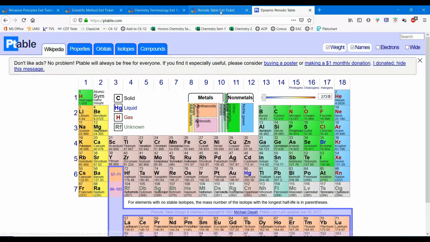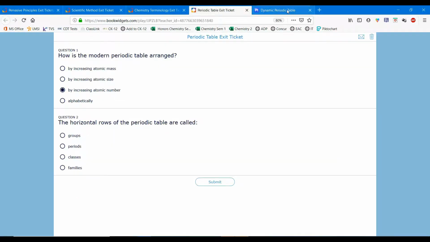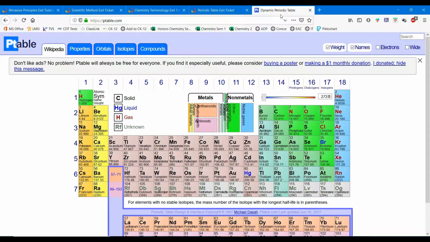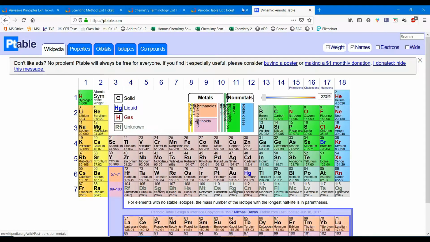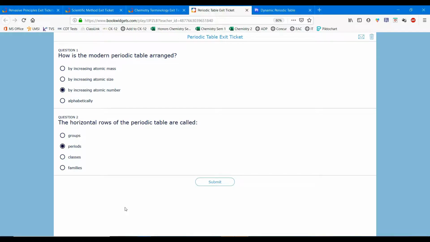But this question is just asking us about the horizontal rows anyway. Presumably, if you know what the row is called, then you could, by process of elimination, figure out what the columns are called. But these horizontal rows, there are only 7 of them. They're always labeled 1 through 7. They are called periods. And this is going to be really important moving forward.